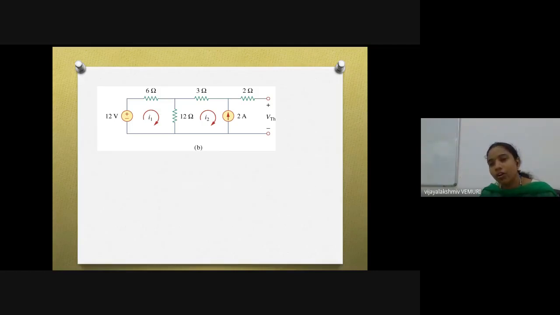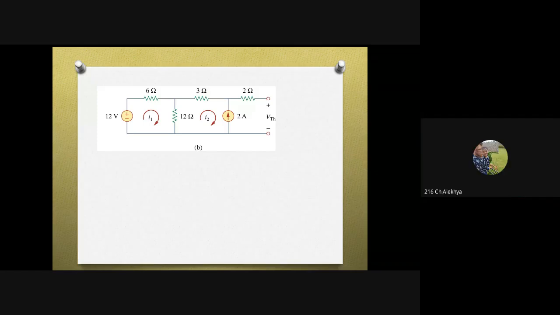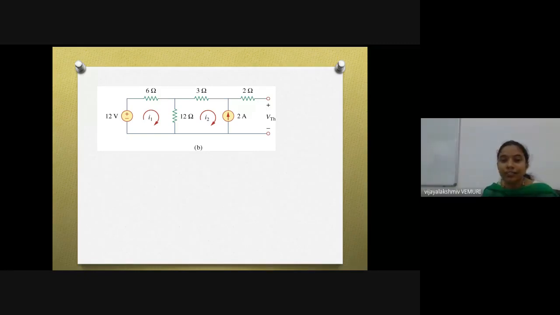Where is the positive connected for Thevenin voltage? Yes, please. 12 into I1 minus I2. Okay. That's it.